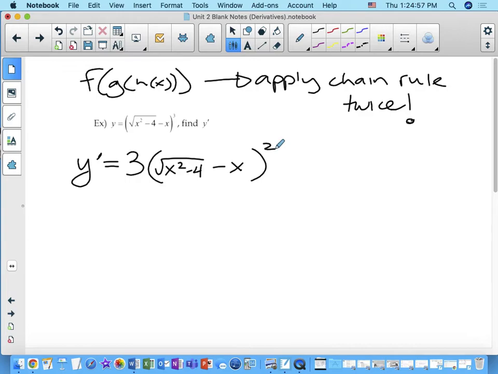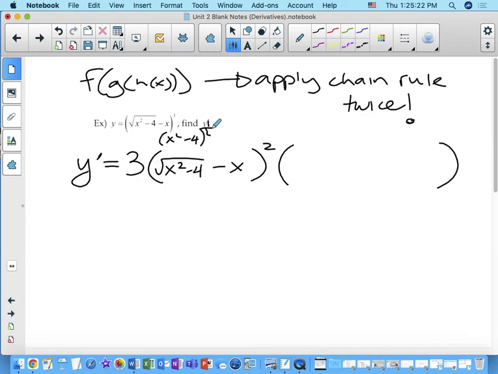Okay? Now, this inner function is in two parts. So to get the derivative of that, we take the derivative of each piece. This, I will remind you, is actually x squared minus 4 to the 1/2.